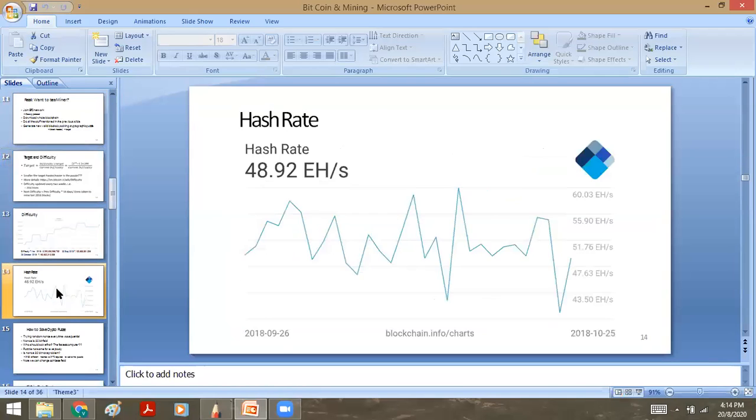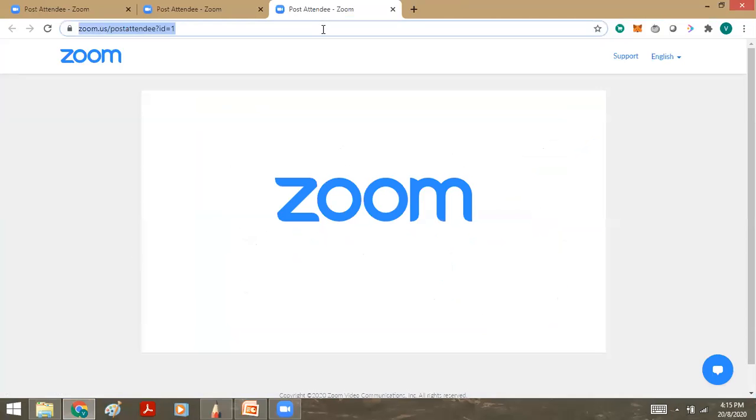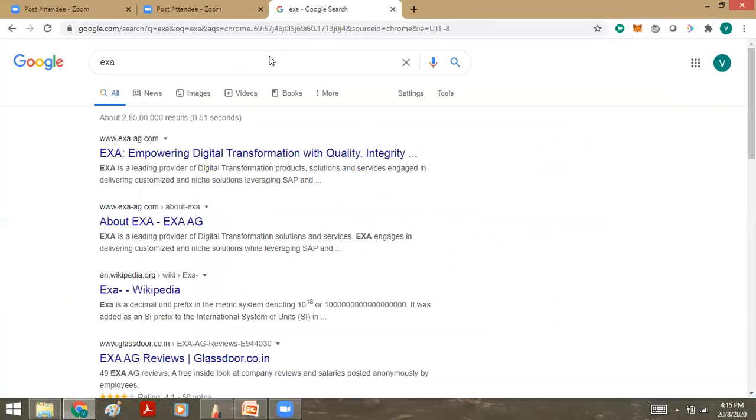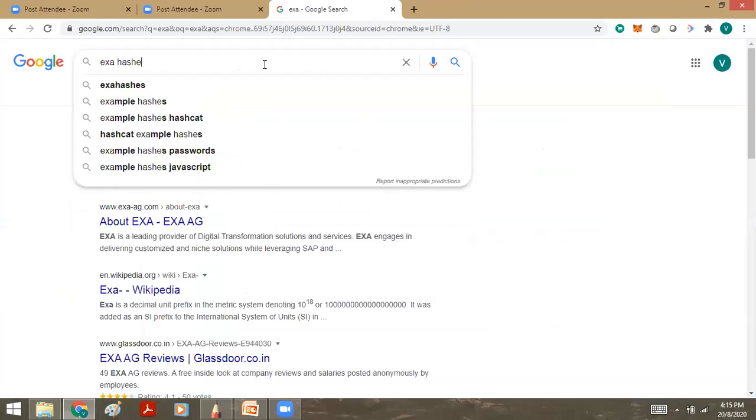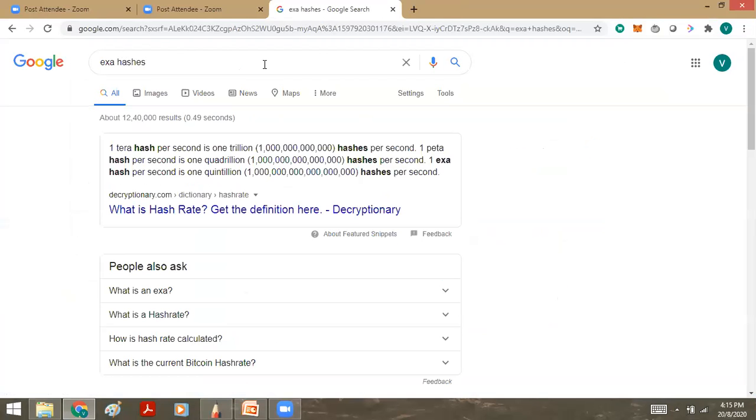And this is hash rate. Exa means 10 to the power of 18, and tera is 10 to the power of 12.